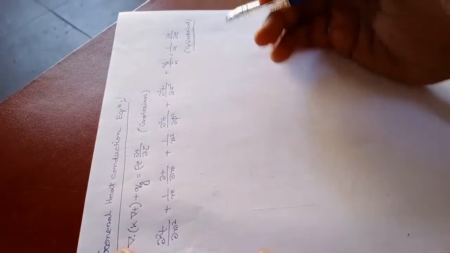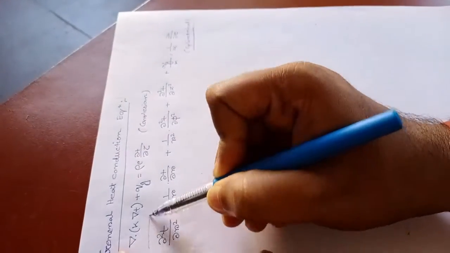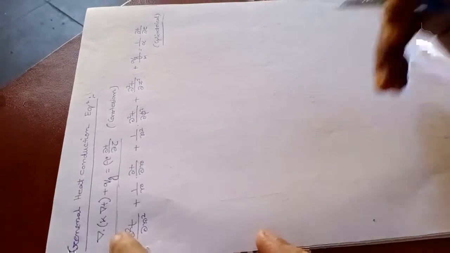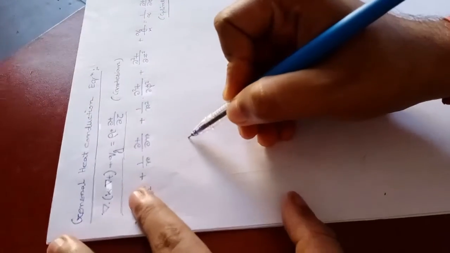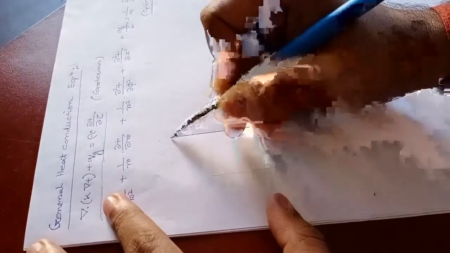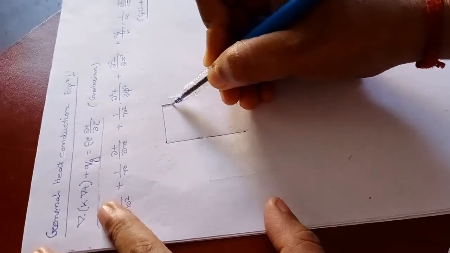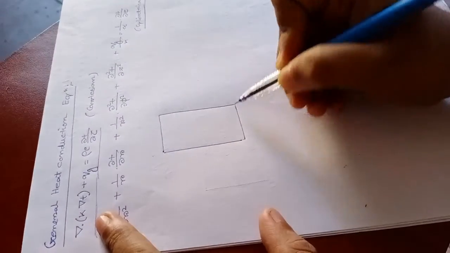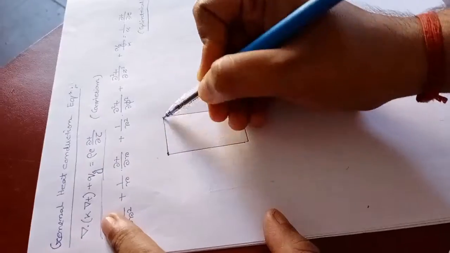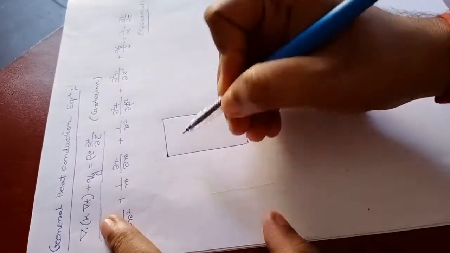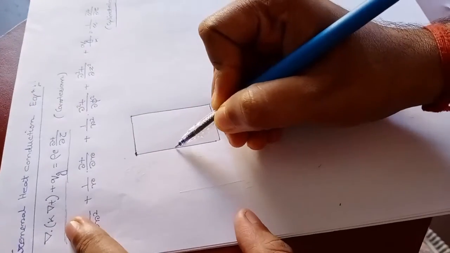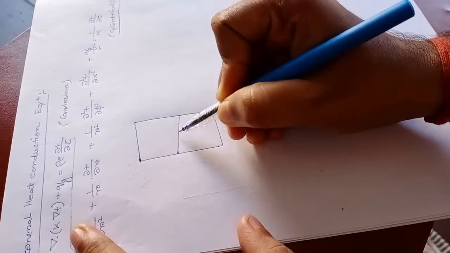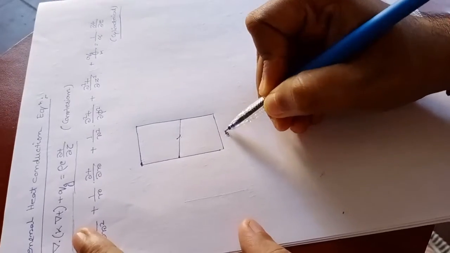Now in today's class I will use this equation to find out the equation when heat is transferred across a plane wall, a normal wall. The heat will transfer across this wall.